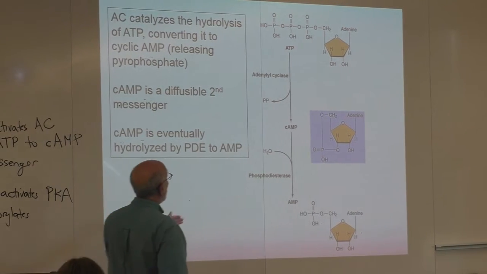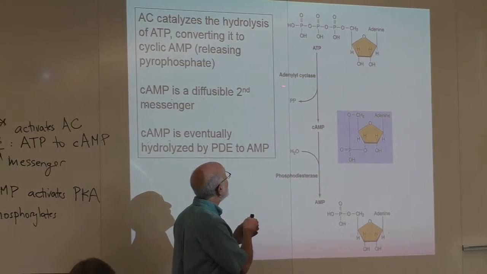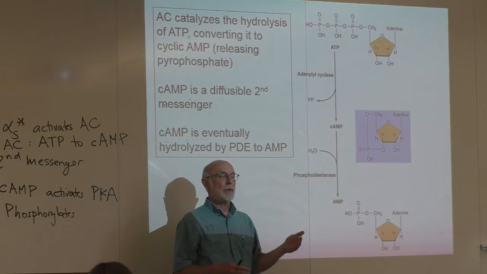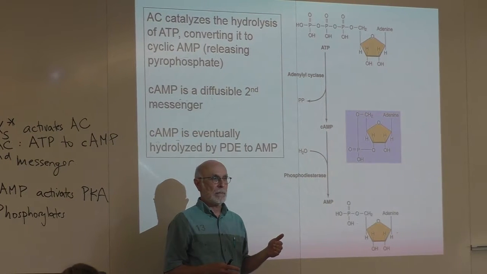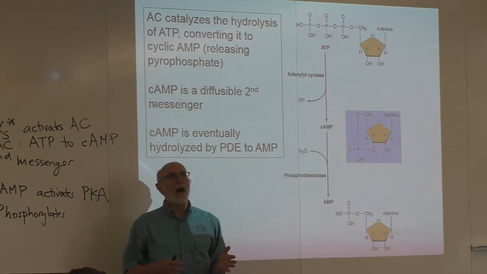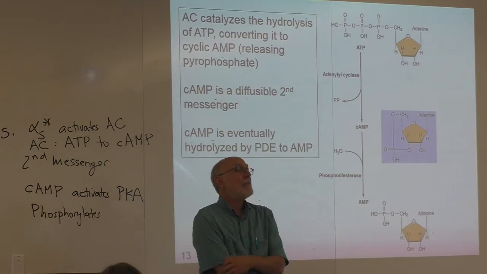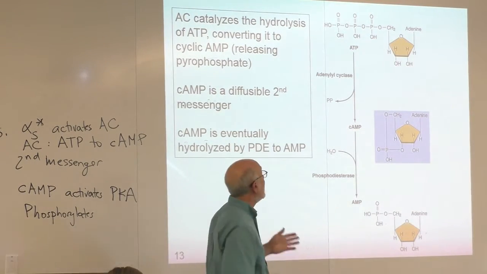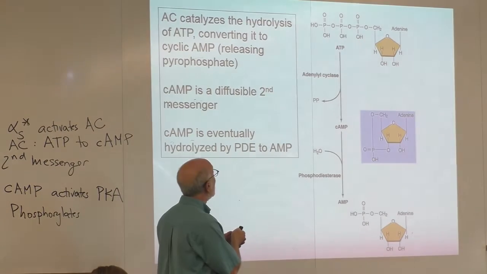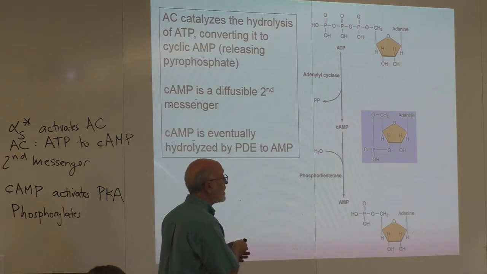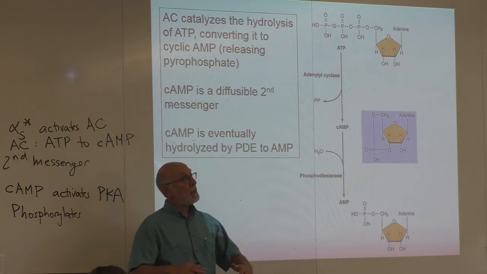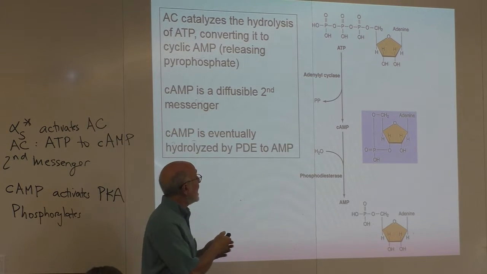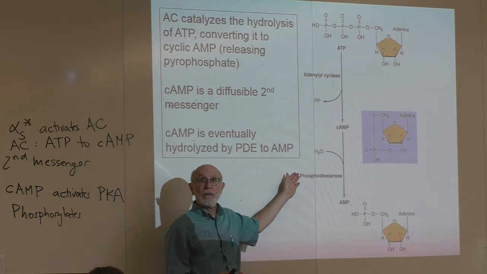So adenylyl cyclase is activated by the active alpha subunit of the G protein. Phosphodiesterase is sometimes controlled and sometimes constitutively active. So when the stimulus is turned on and lots of cyclic AMP is made, cyclic AMP concentrations go up because the cyclase can work faster than the phosphodiesterase.